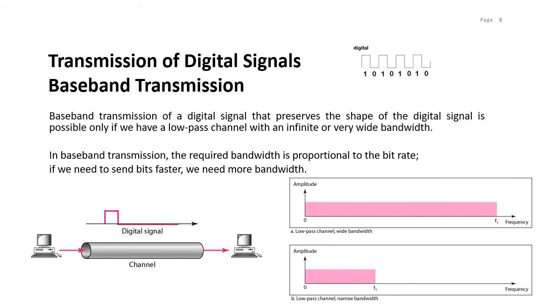Baseband transmission means that we are sending a digital signal over a channel without changing the digital signal to an analog signal. The figure on the left shows baseband transmission. A baseband transmission requires a low pass channel, a channel with a bandwidth that starts from 0. That is why it's low pass.